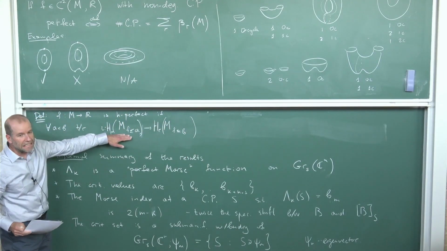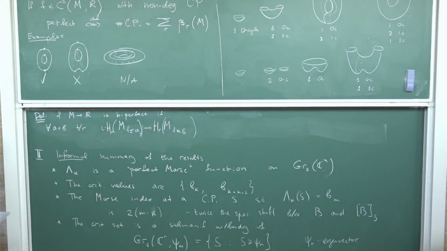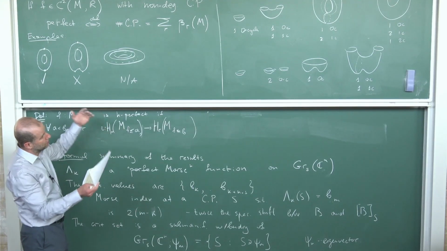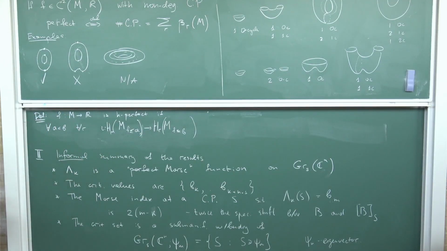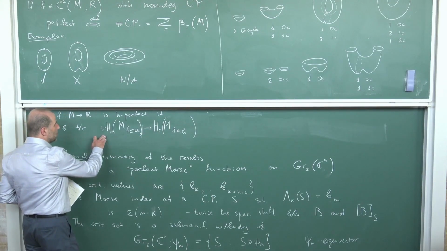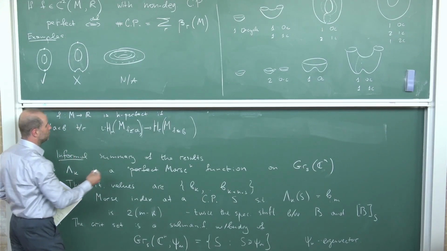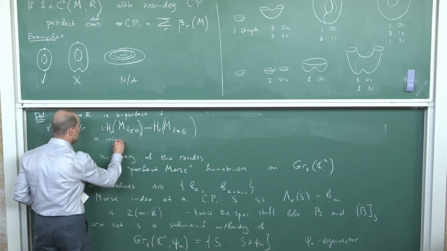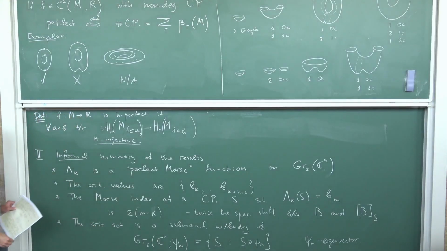So cycles that are in here are also cycles in there, basically. However, some cycles may disappear, may be identified. There is a quotient going on in the homology. So if this is injective for any such things, then it's H perfect. So this is injective. This is the condition.